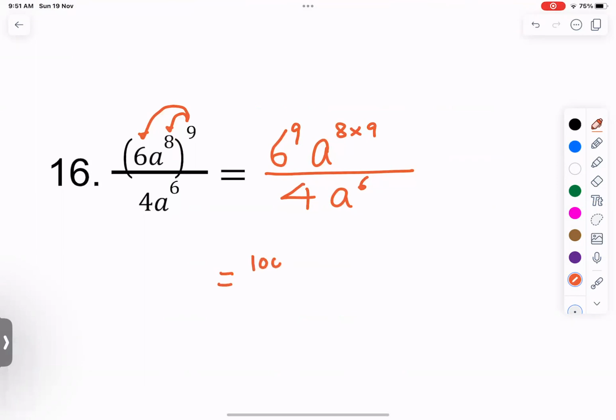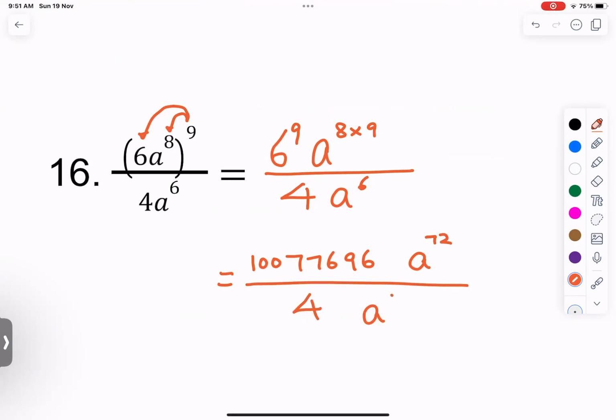But 1007796, 8 times 9, 72. And then that divided by 4, you get 2519424. How about for unknowns?